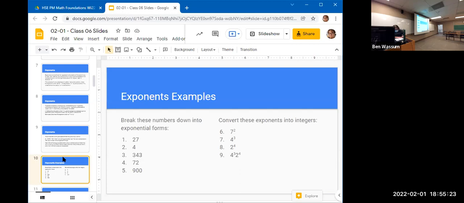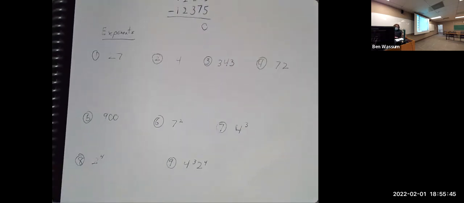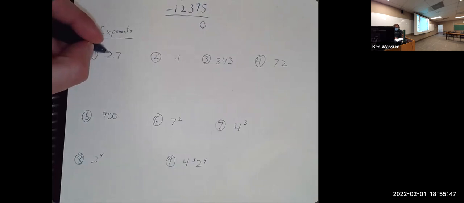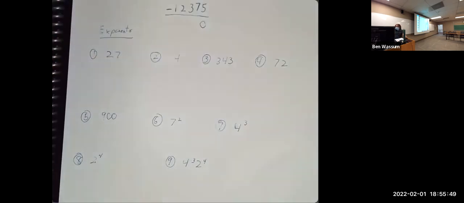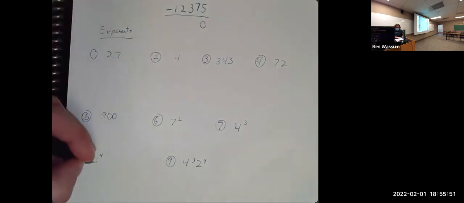I said some of them and I just started writing all of them. I don't regret this. Okay. Exponents. You can tell these aren't bad because I literally wrote them all down on half of the page.